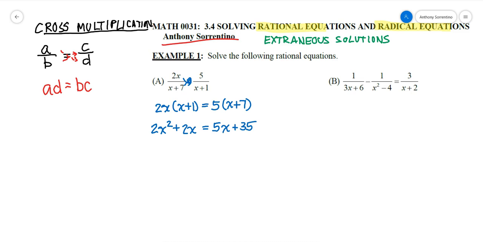I do have a degree 2, and it's a non-basic one because I also have x terms in here that are going to stick around. They're not going to cancel out with anything. I can have some cancellation occur and get down to one term that only has an x in it, but I'm not going to make it disappear altogether. So at this point, I would have to make a decision: which method do I eventually want to use? Do I want to use factoring? Do I want to use completing the square, or do I want to use the quadratic formula?